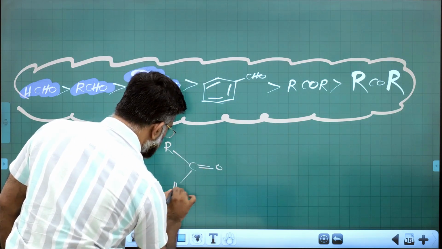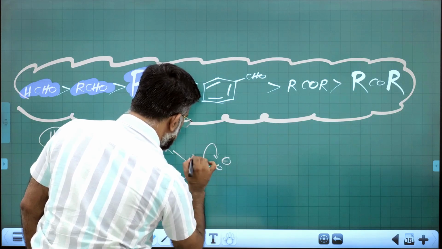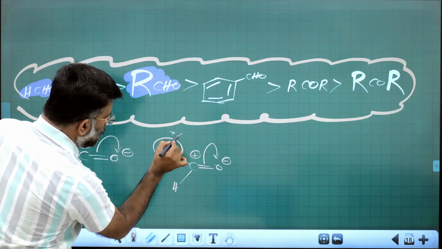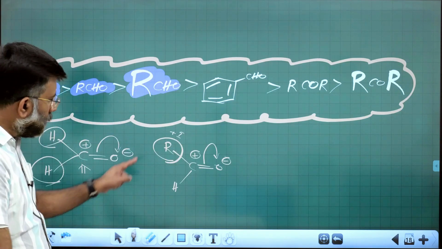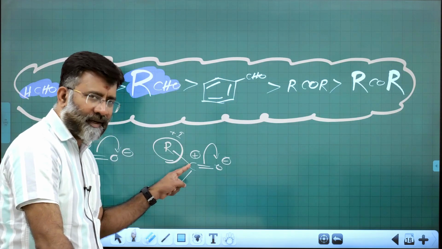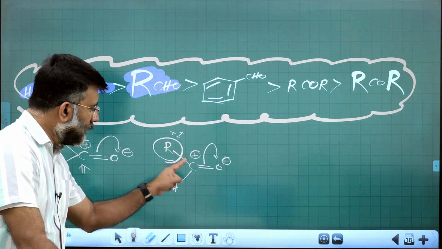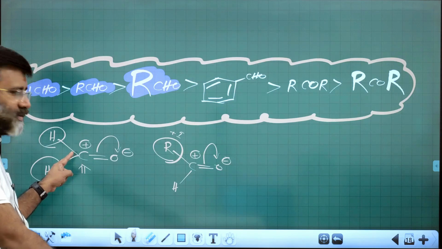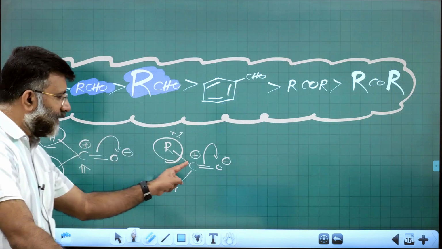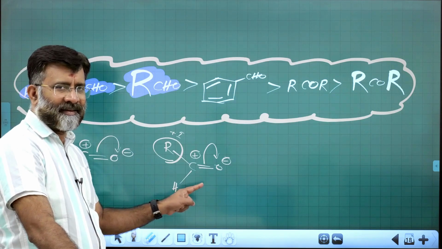What about RCHO? This is polarizing as minus and plus. This plus is reduced by the plus I effect of the R group. Due to the plus I effect of the alkyl group, the positive center decreases. So this is less electrophilic than this, and the nucleophile attacks more easily here than here.